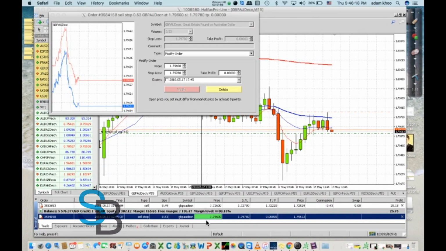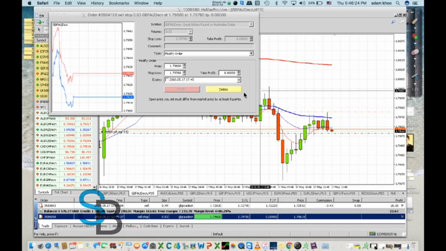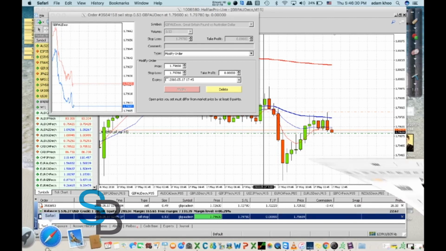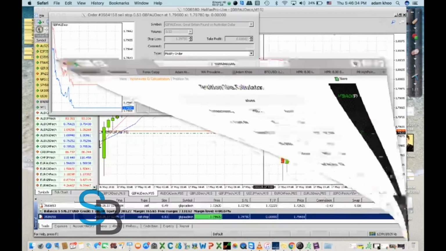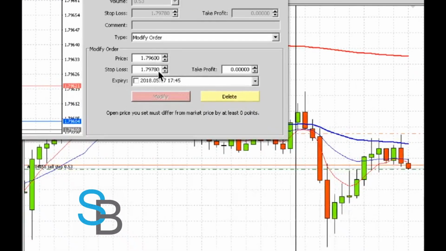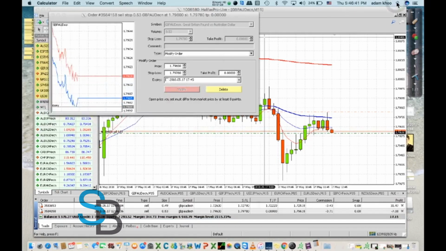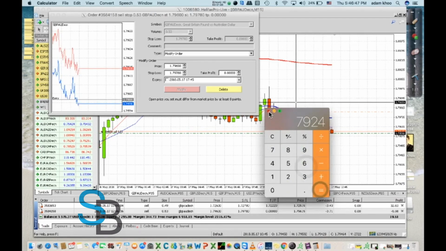So 1.7978. So that's correct. Great. So I'm going to put a profit target about 2R below. So I'm risking 18 pips, so my target price will be 36 pips below my entry price. So 1.7960 minus 36 pips would be 1.7924.